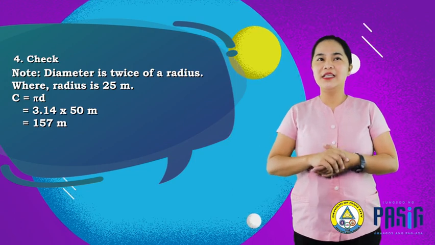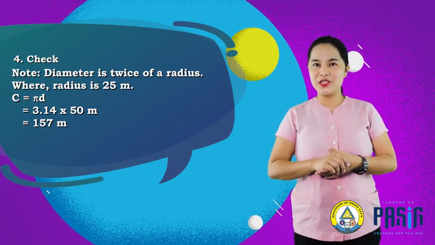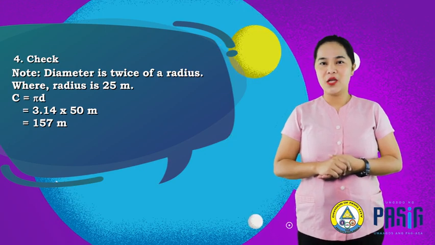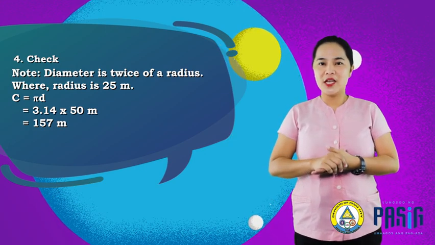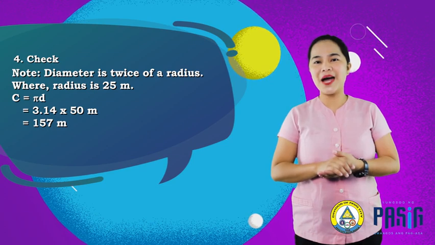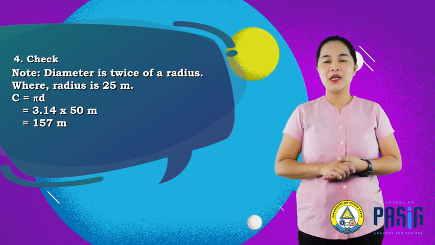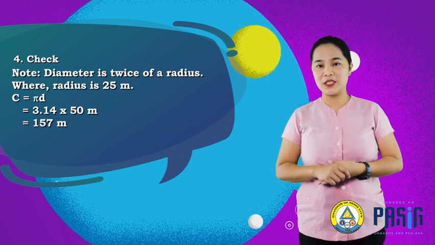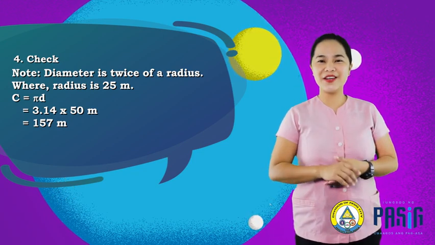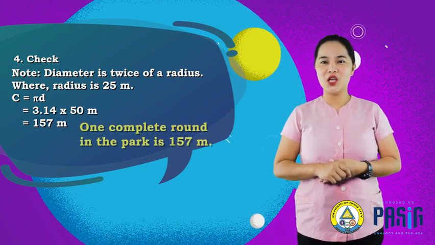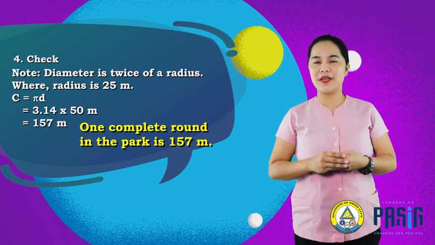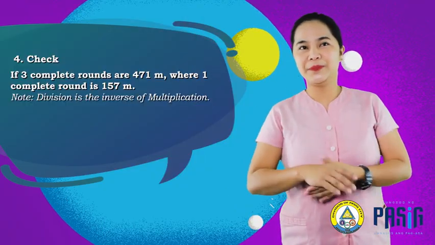Note, children, diameter is twice the radius, where radius is 25 meters. So, our formula is circumference equals pi times diameter. 3 and 14 hundredths times 50 meters is equal to 157 meters. So, 1 complete round in the park is 157 meters. Let's look back.